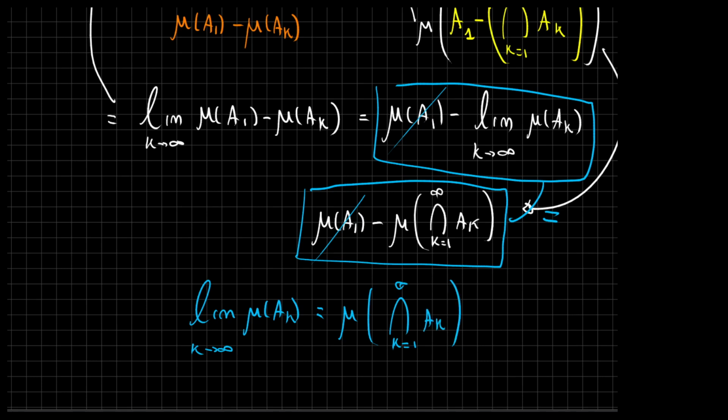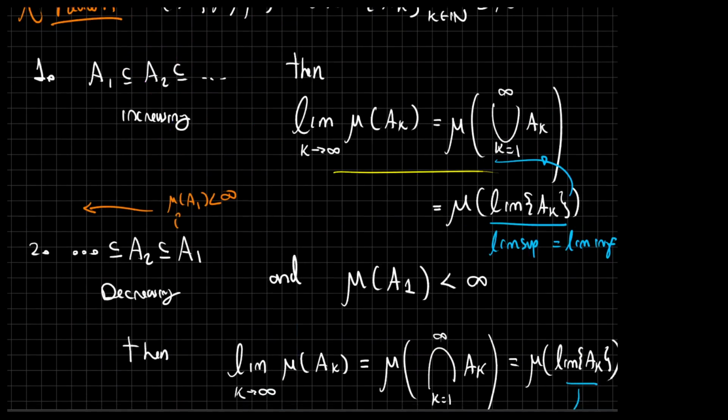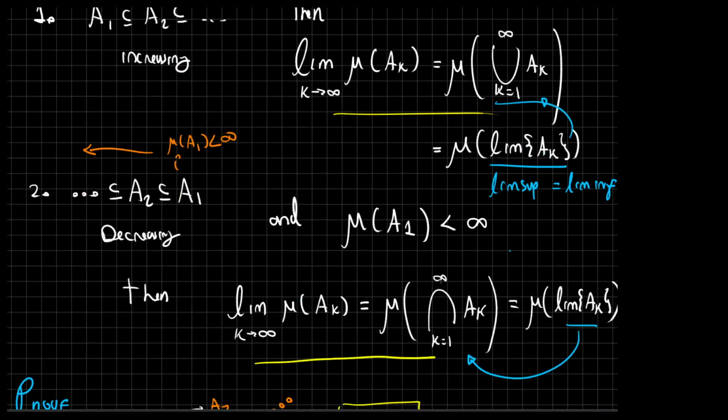But since this is a decreasing family, this intersection is also the limit of the family. And that proves the theorem, the second part of the theorem.